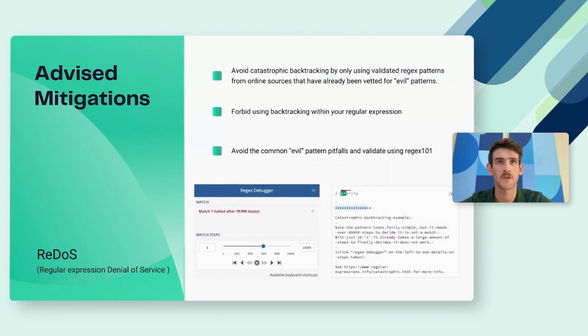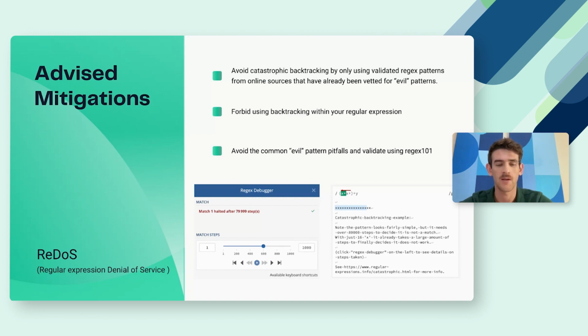So in terms of mitigations, one way is using only validated regex patterns from reputable online sources. Ideally, you're not creating your own regex expressions if you can just find them off the shelf for cases like IP address, email validation, phone numbers.